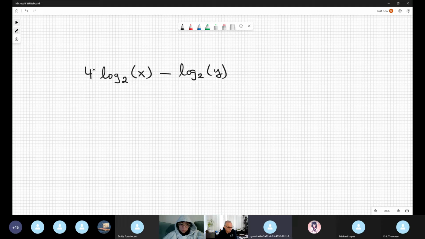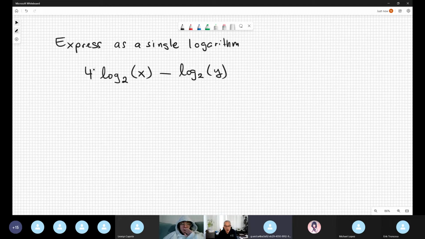And the question says, express as a single, only one, logarithm. Express as only single. We have several logarithms, you condense them into only one.